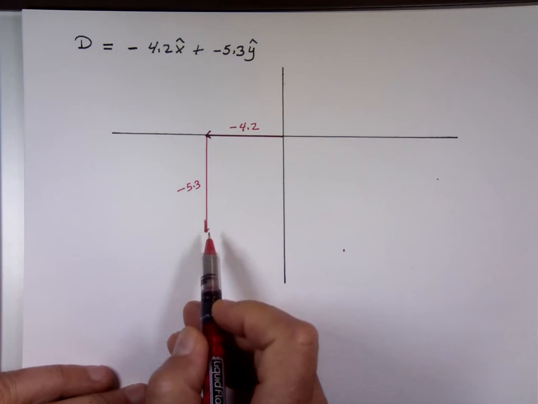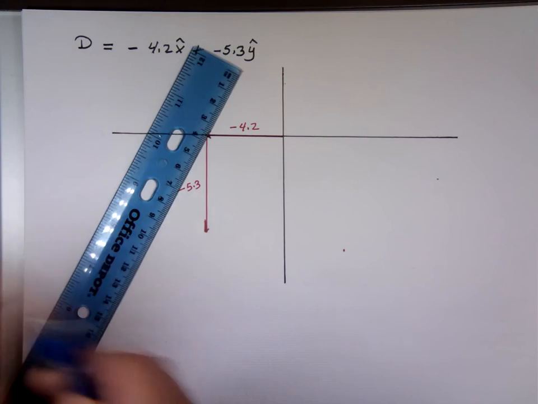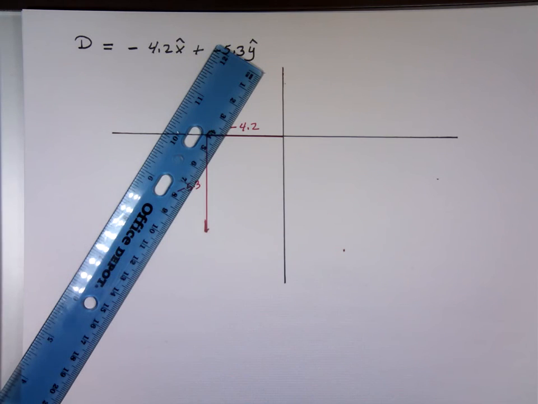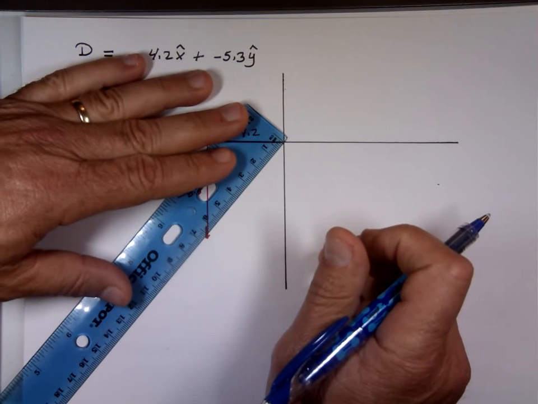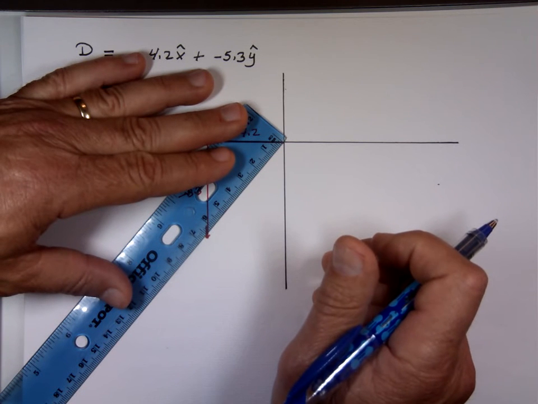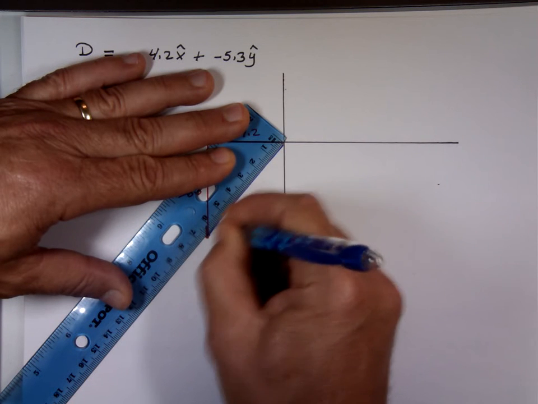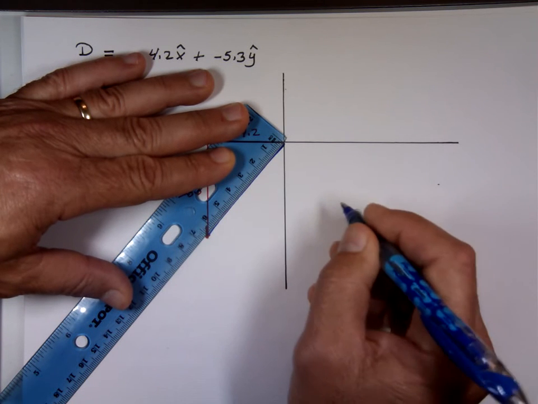Can we find r and theta now? Here's r, the result. What are we getting for that number? It looks like what?